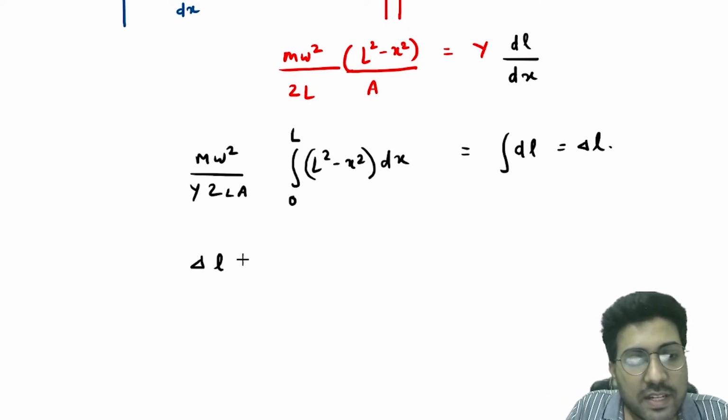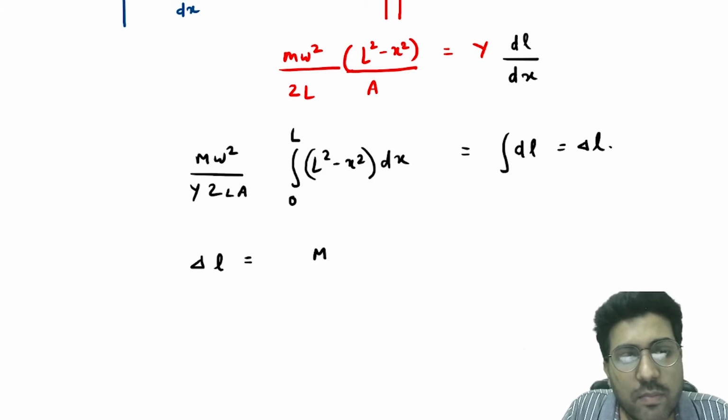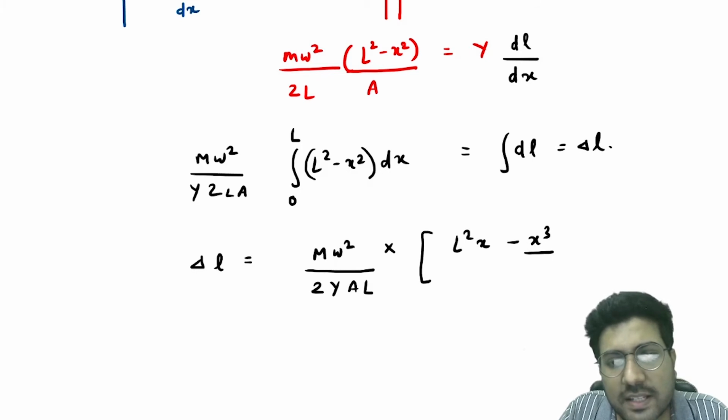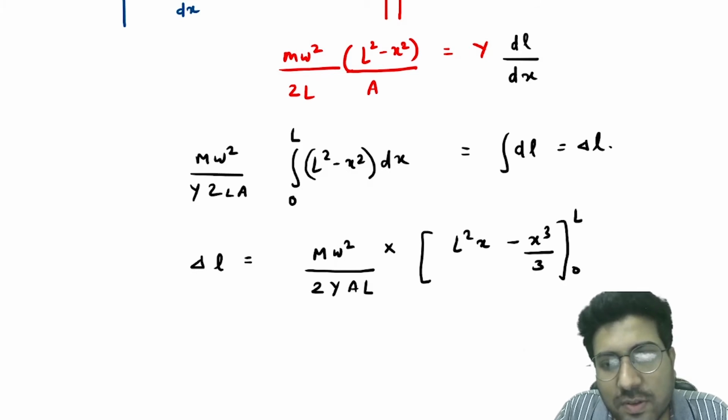So from this we will get delta L is equal to m omega square by 2YAL into L square x minus x cube by 3 integrated from 0 to L.